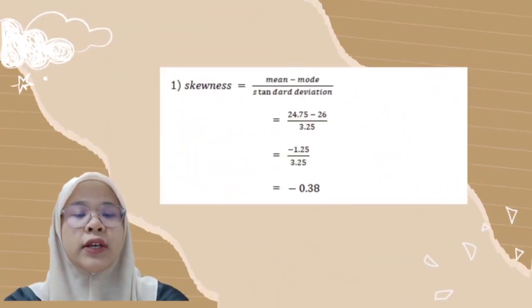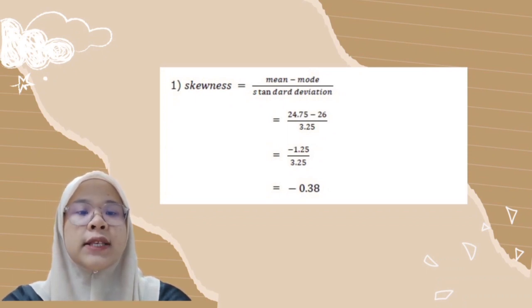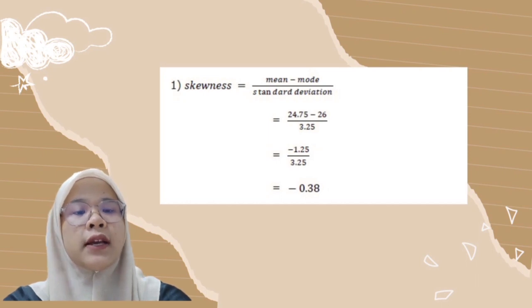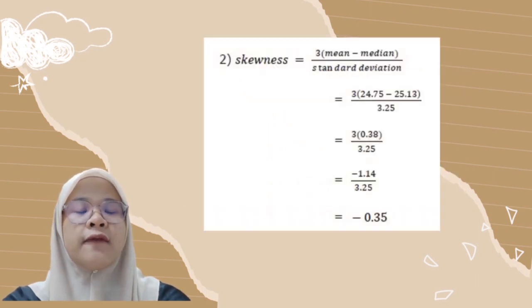For Pearson's measure of skewness, we have two calculations, and both of them are skewed to the left since they have negative values. The first one is negative 0.38, while the second one is negative 0.35.